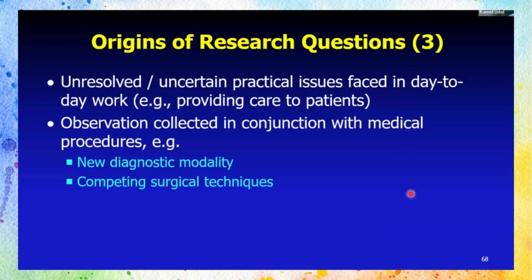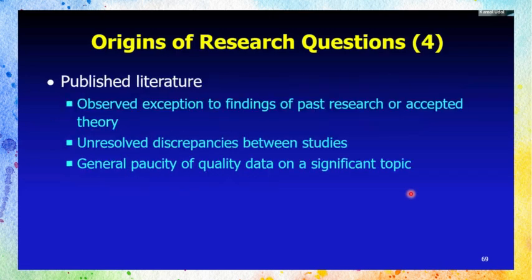When you perform new procedures, you may have some question, whether it's better than the old one. Is it good, for example? That would be the origin of your research question. Many questions originate from published literature. When you review literature, you may see findings that are not usual.